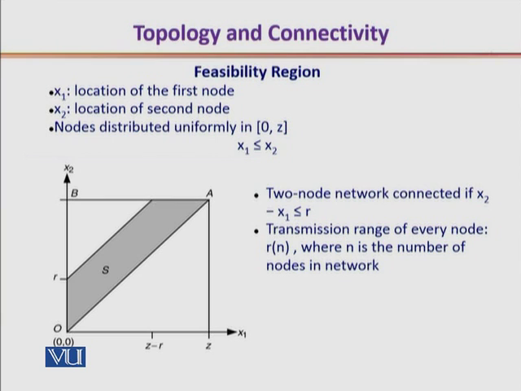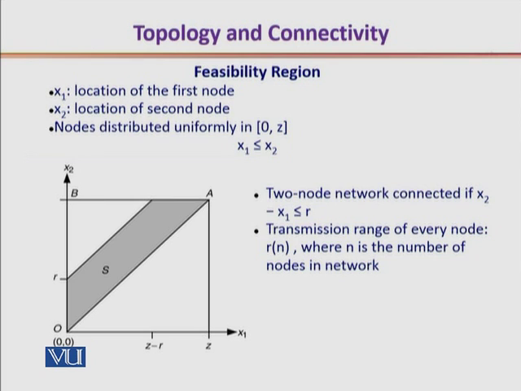Then these two nodes form a connected network if the difference between these two, x1 minus x2, which is the Euclidean distance between the two nodes, is less than the transmission range R. The transmission range R is actually the transmission range of every node, Rn, and we can generalize it to be the same for every node in the network.